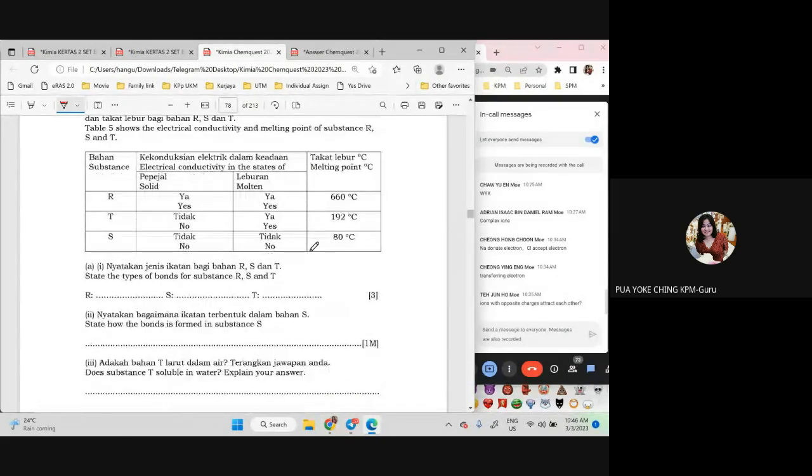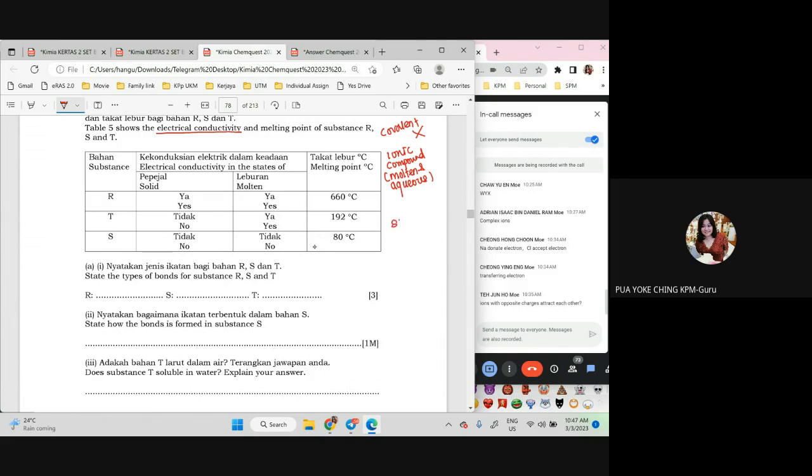Okay, for the comparison, this is electrical conductivity. Kalau electrical conductivity, kena ingat in mole. Covalent langsung tak boleh. Ionic compound hanya pada molten dan aqueous.